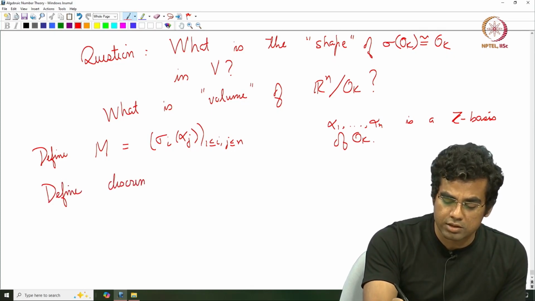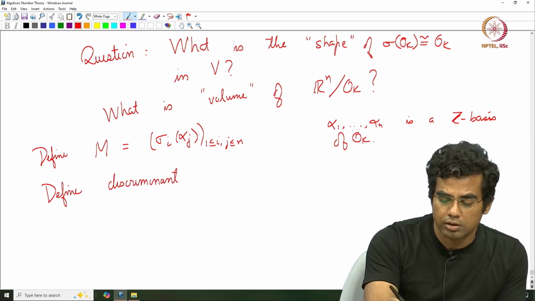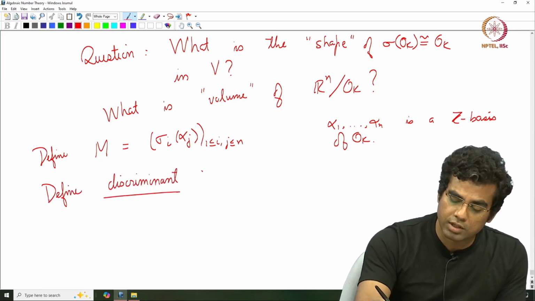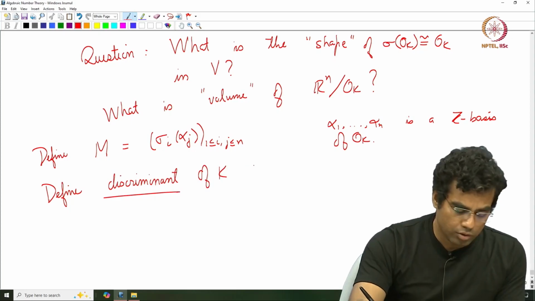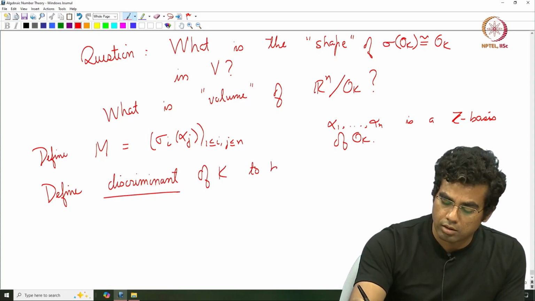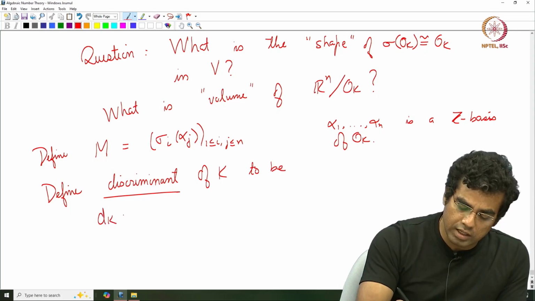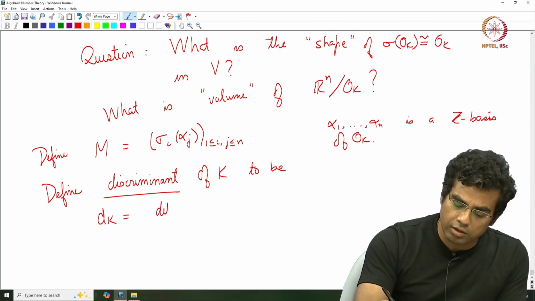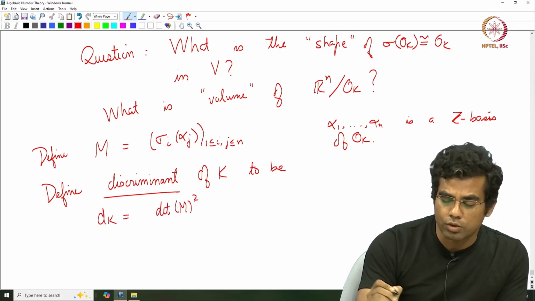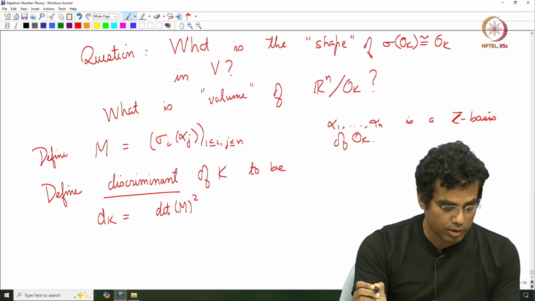So, I take this matrix M and I define the discriminant. This is a very important invariant that you should know. The discriminant of K, usually denoted d_K, is the determinant of M whole squared.